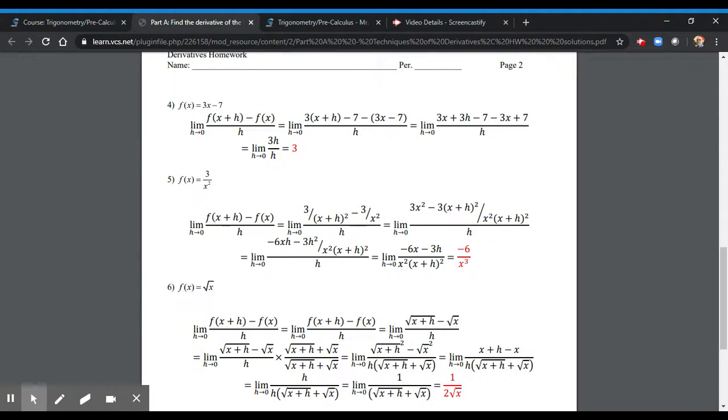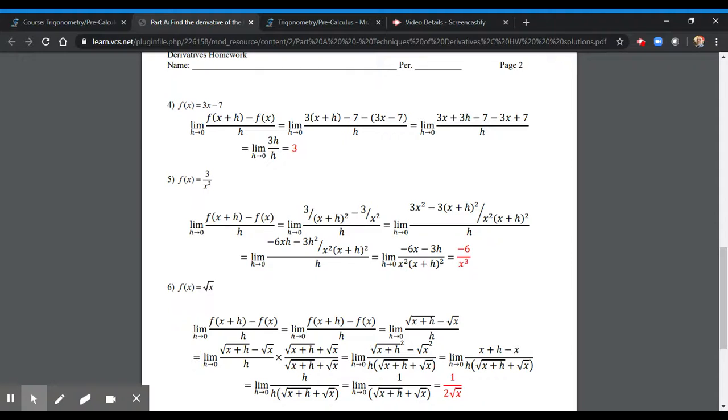All right, we'll take a look at number 5. f of x plus h minus f of x divided by h. Here my f of x is 3 over x squared. So f of x plus h would be 3 over x plus h squared, minus f of x, which is 3 over x squared. Well, what do I have? I would need to find a common denominator.